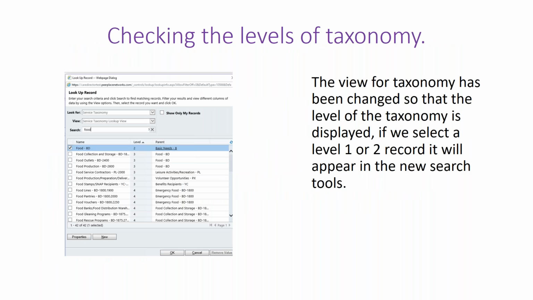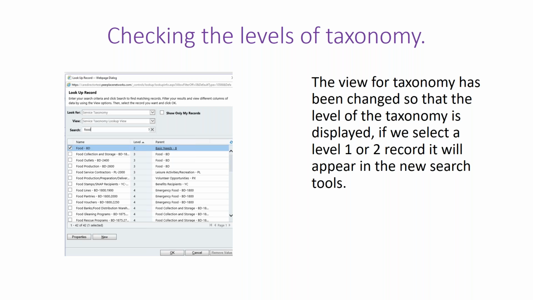So what I've done to hopefully make this a little bit easier is I've changed the view for taxonomy. Previously on this page we were only showing you the title and a bunch of other stuff. I've streamlined it down to show us the name of the taxonomy record and what level it is. All right? So for the most part, if you add a level 1 taxonomy term, it will show up in the guided search.